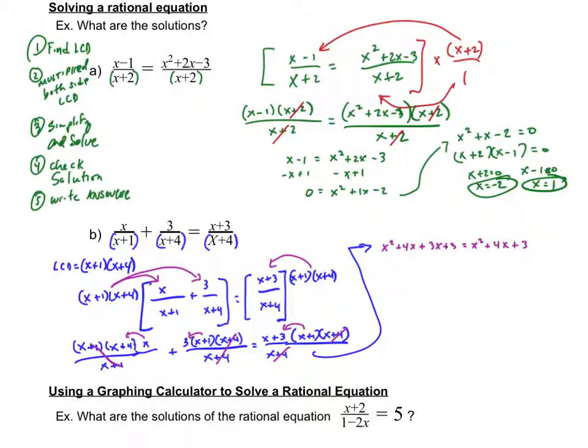All right, so now that I've done all my multiplication, I need to combine like terms. And I'm going to move everything to the left-hand side by using the inverse operations.